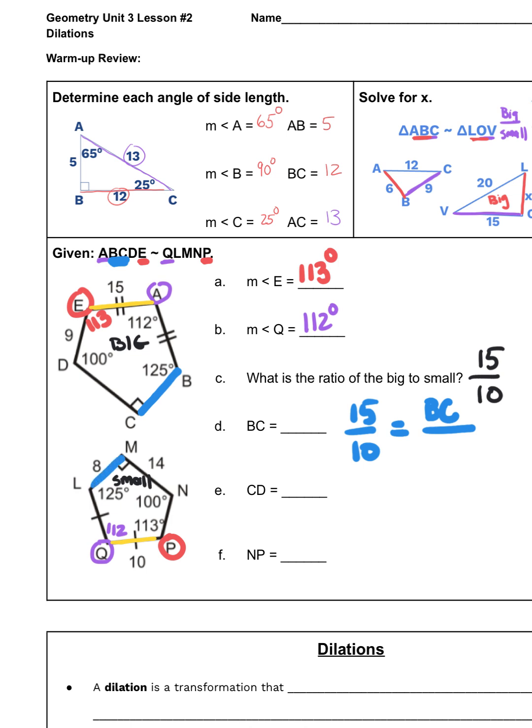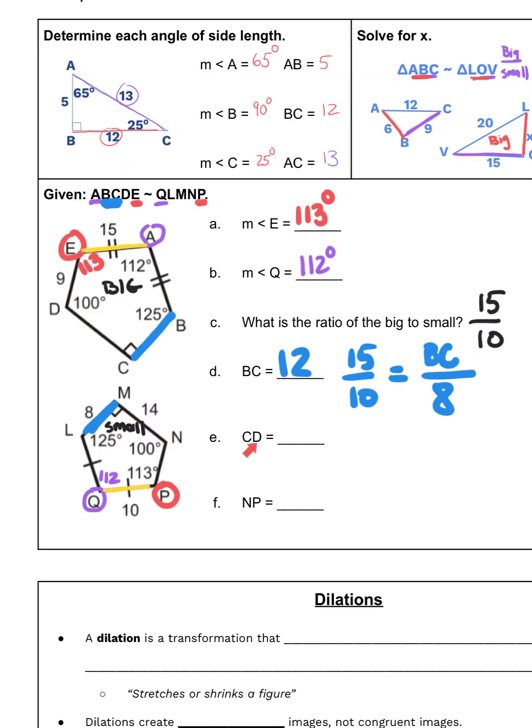So LM is 8. B to C corresponds with L to M. So we would put side BC over 8. This is our proportion. Now when you cross multiply, go ahead, stop the video and cross multiply, and then check your answer. You should get BC is 12.